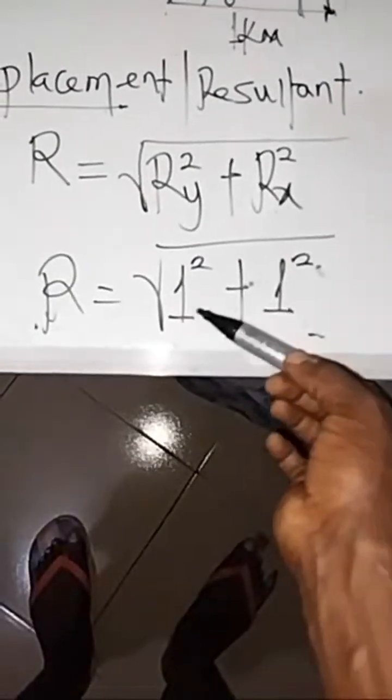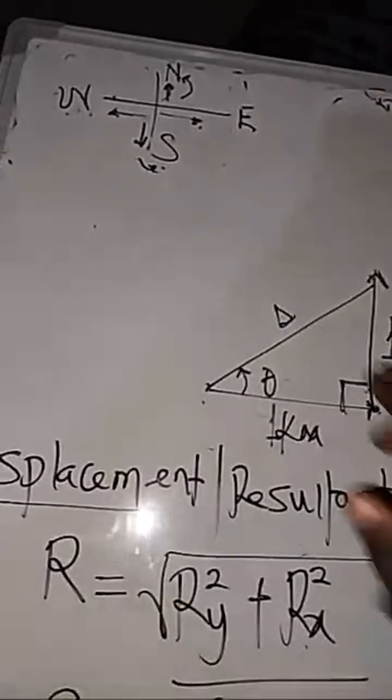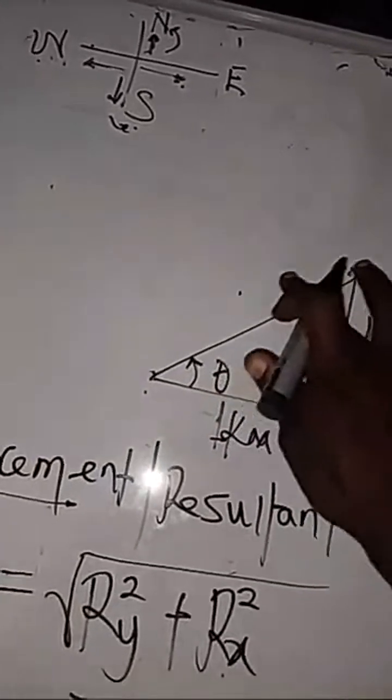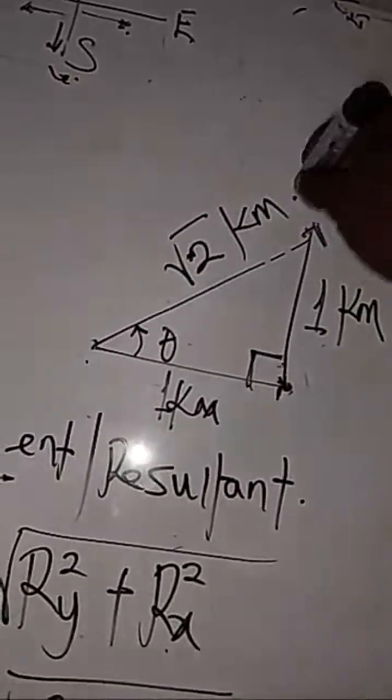If I add the two of them, 1 plus 1 will give me what? 2. That tells me that the displacement of this man is the square root of 2 kilometer. So all I need to do is to come back here and replace my displacement with the square root of 2 kilometer. That's all. So my first answer is root 2 kilometer.